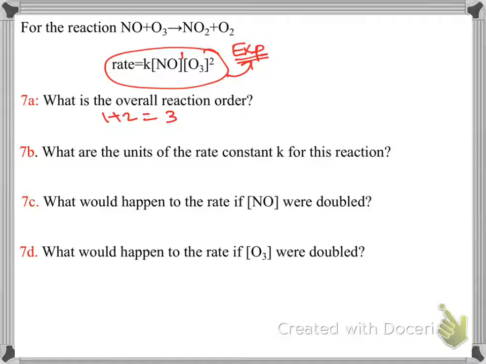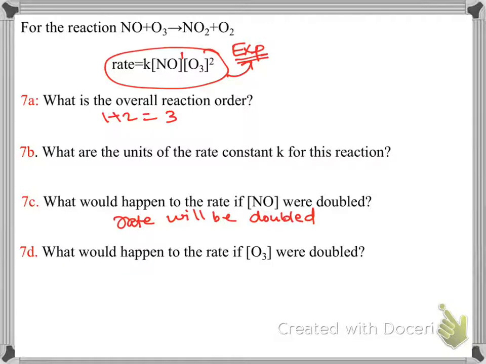I'm jumping to 7C. What would happen to the rate if NO were doubled? The reaction is first order with respect to NO. That means if you double the concentration of NO, the rate will be doubled. What would happen to the rate if ozone concentration were doubled?